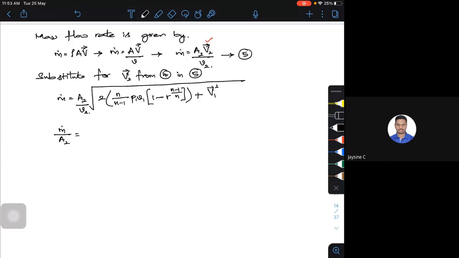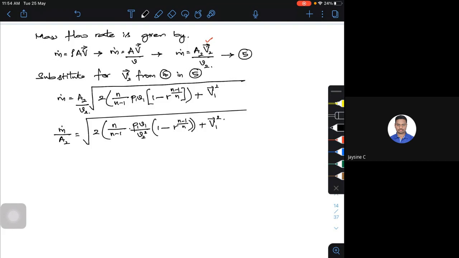So this will become square root of, taking this v2 inside, it will become v2 square: square root of 2 into n by n minus 1 into p1 v1 divided by v2 square, into 1 minus r to the power of n minus 1 by n, plus V1 square divided by small v2 square.